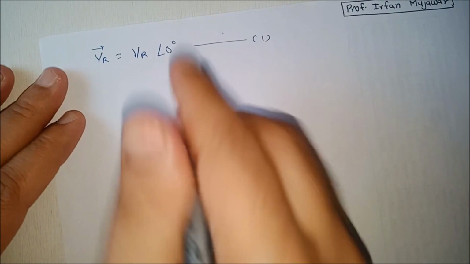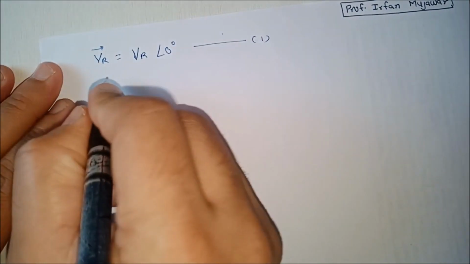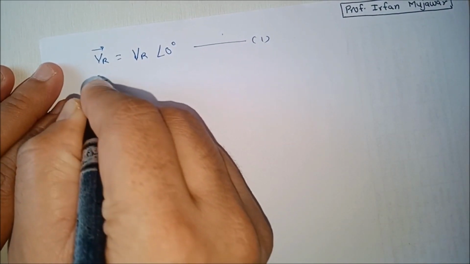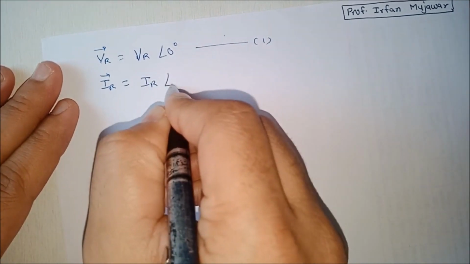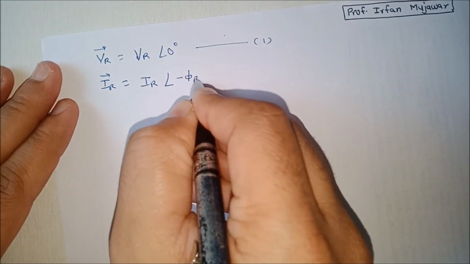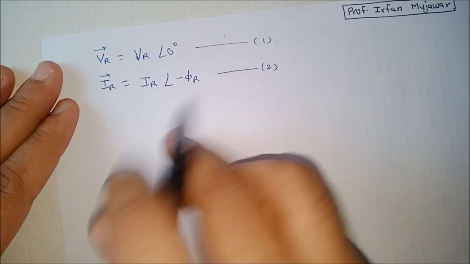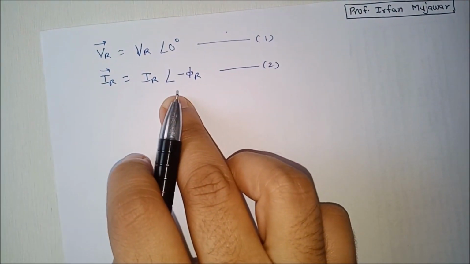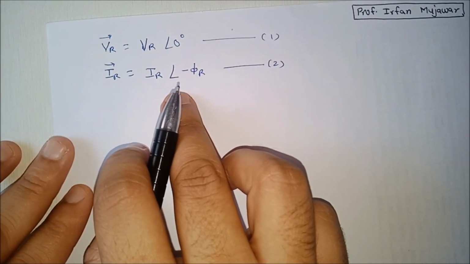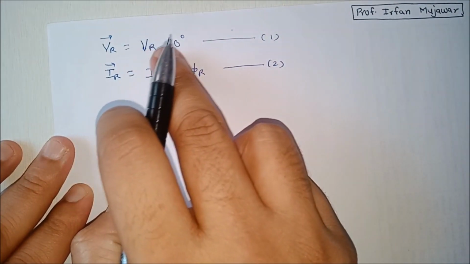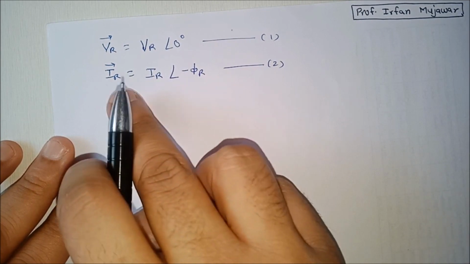Next, after VR, we indicated the IR. So IR will be IR magnitude at an angle of minus phi r. Why minus phi r? Because practically we take current to be lagging. We have taken the practical case, and VR is the reference, so in the clockwise direction we have indicated the IR.